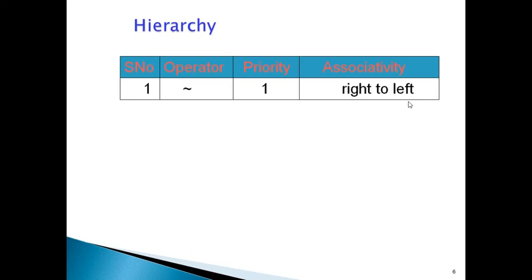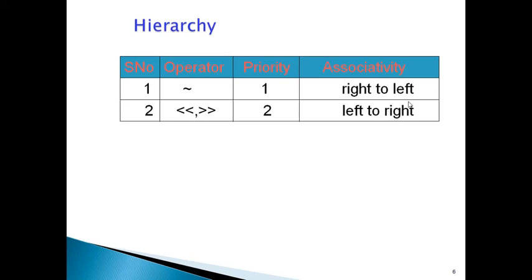It has the highest priority and it has right to left associativity. Number 2, left shift and right shift have the second priority. They have left to right associativity.